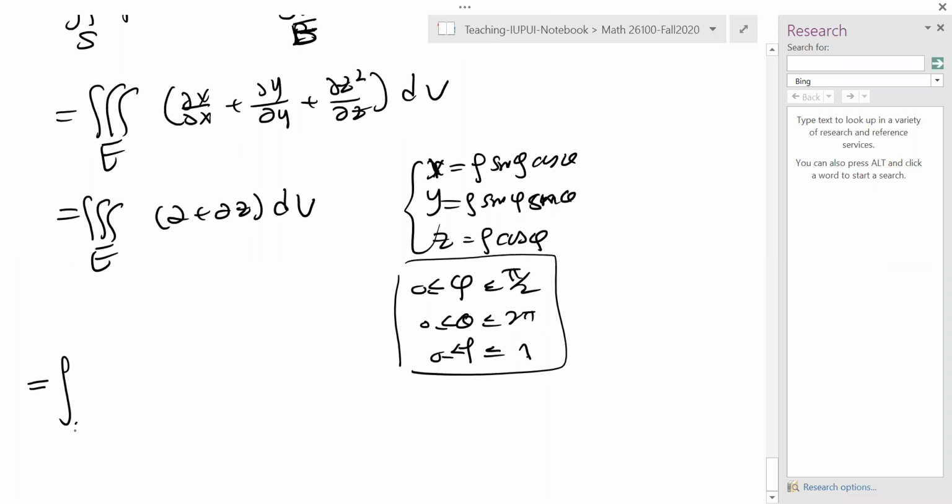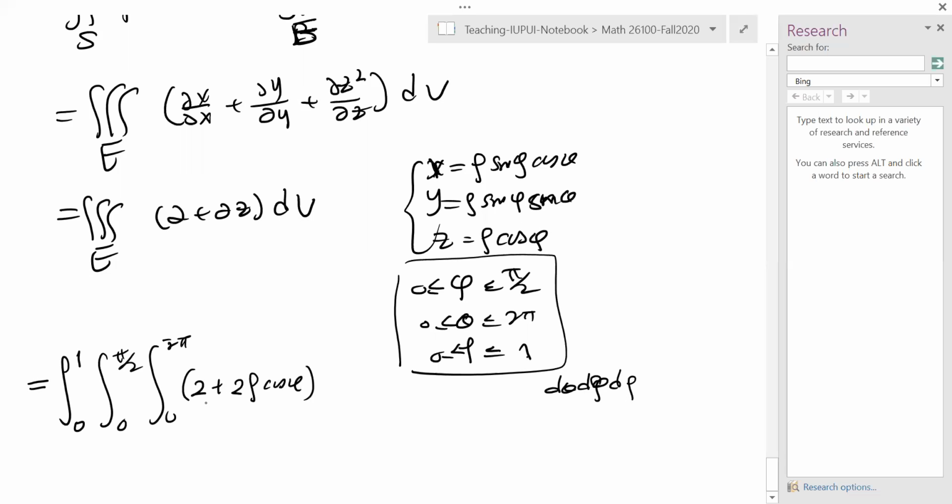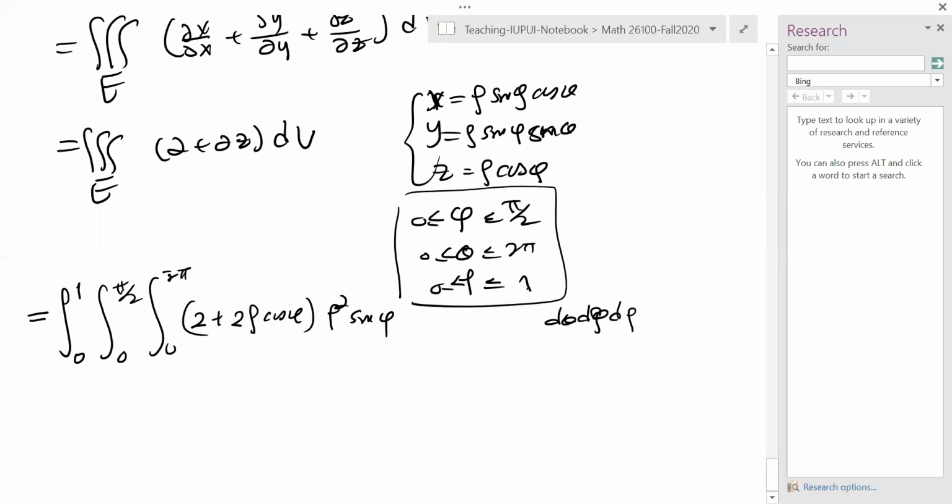You can say, let's put rho here from 1 to 2, then phi from 0 to pi over 2, and theta from 0 to 2 pi. Okay, then be careful. The one outside will be the theta, then the phi, then the rho, right? So here 2 plus 2z is 2 plus 2 rho cosine phi, okay? And then the part from the Jacobian will be rho squared sine phi. Okay, that's it. And that's independent of theta.